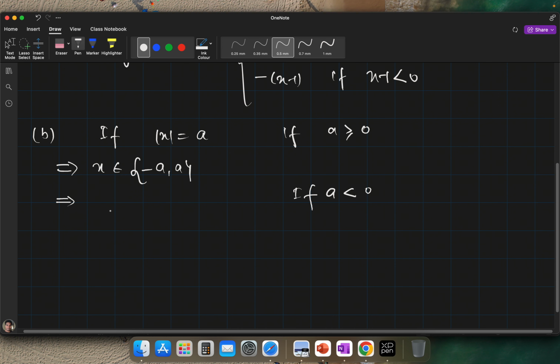If a is negative, then what will be the solution? Suppose mod of x equals minus 1, then what are the possible values of x?